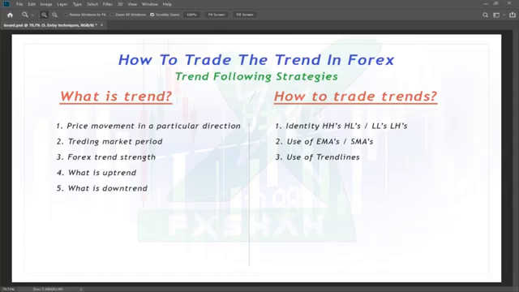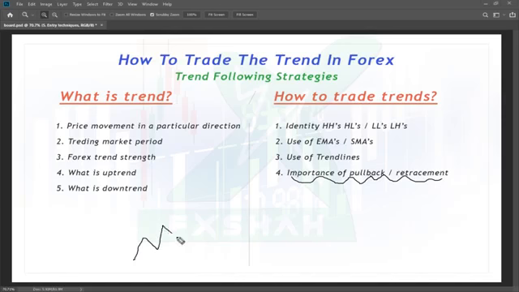Now we have another point, the importance of pullback and retracement. What is the importance of a pullback, or retracement, in a trending market? If the market is moving to the upside like this, and we know that this market is in an uptrend, we cannot buy in this area or in this area.